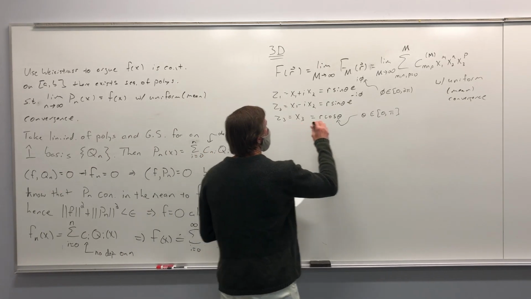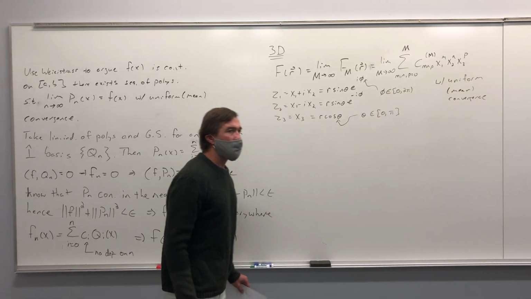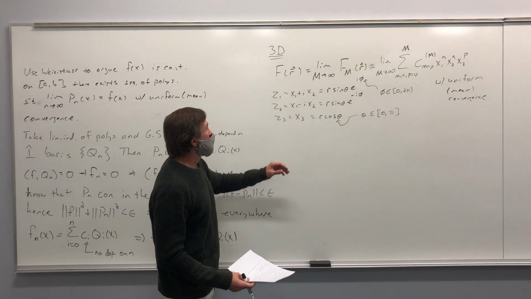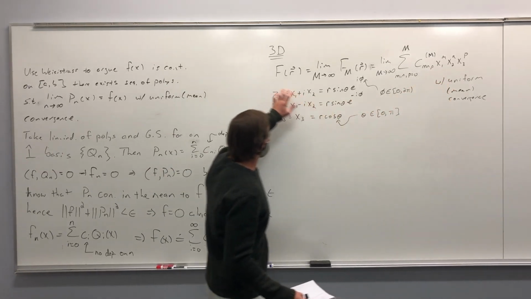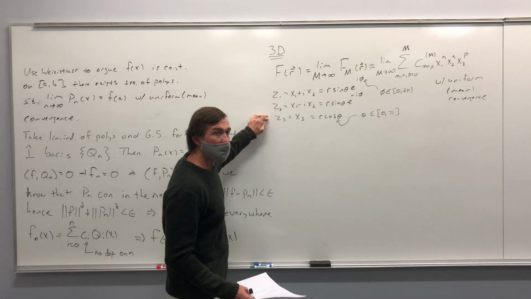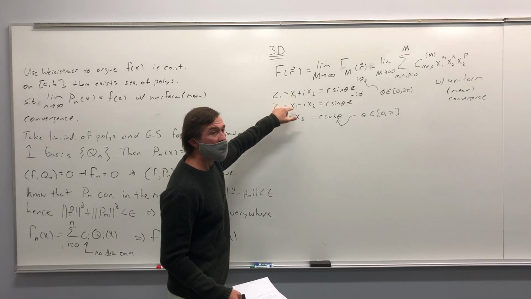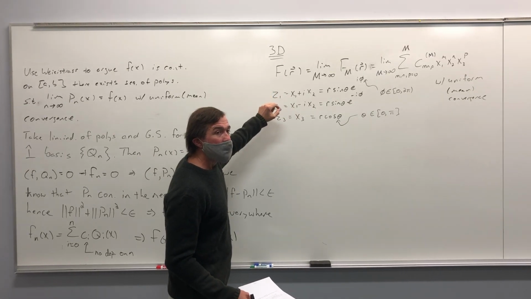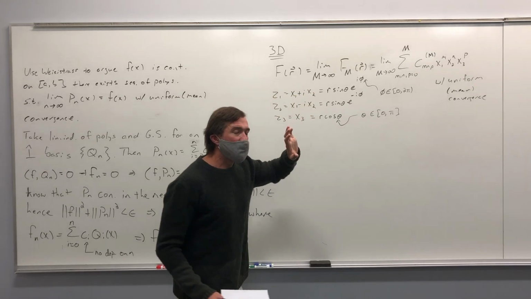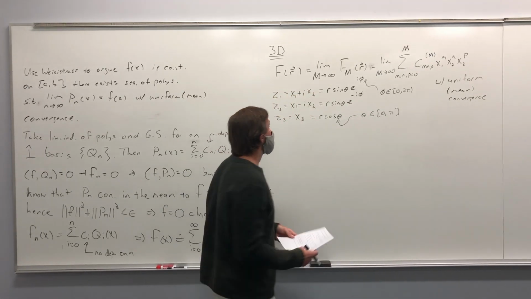Now, this is a polynomial in the x's. If I took all of the x's in this expression and replaced them by the z's, so I could solve this, x1 equals 1 over 2, z1 plus z2, then the resulting expression would be a polynomial in the z's, right?